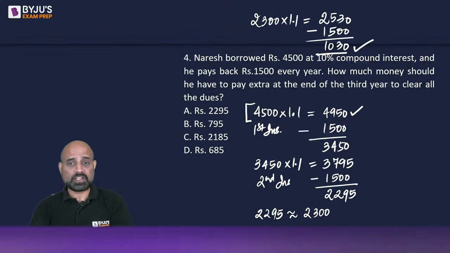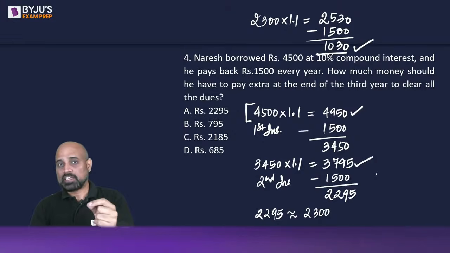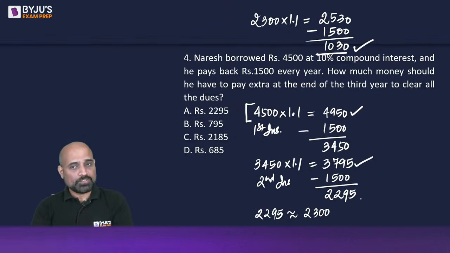It will become 3,795. Now when you try to pay the second year installment, the person will say that your amount is 3,795 right now. You'll be like okay fine, take this 1,500. So once you pay 1,500, then 2,295 is the balance amount. Now that 2,295 is going to increase by 10%.